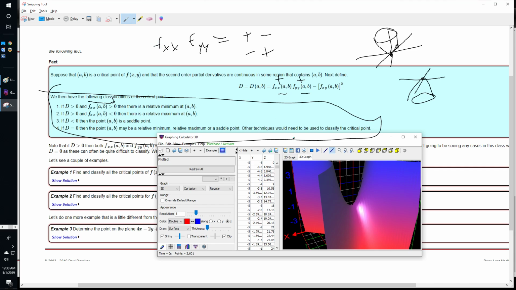And this is not how you draw them. The x value is going to be increasing, and then the y value is going to be decreasing. That's what the saddle point is, because it's going to be a positive times a negative, and that's going to be a negative. And D equals 0, I have no idea what that means, but that's that.